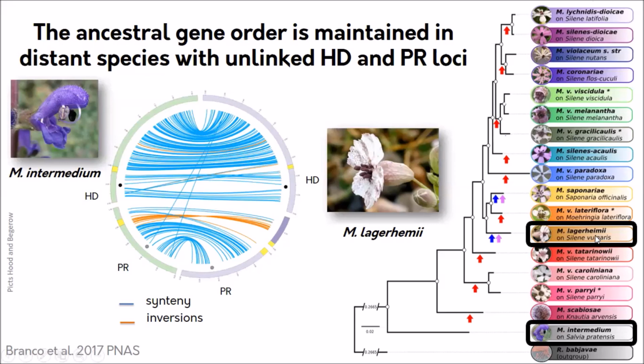So because they are so distant in the phylogeny, if they have the same gene order on the mating type chromosome, it means that they have kept the ancestral gene order, right? They cannot have by chance the same gene order that was not shared by the ancestor. So we consider that was a proxy for the ancestral gene order. So that's just a small rearrangement here.